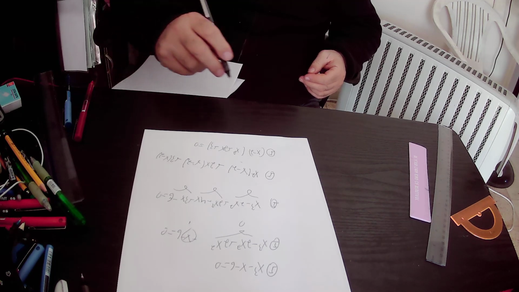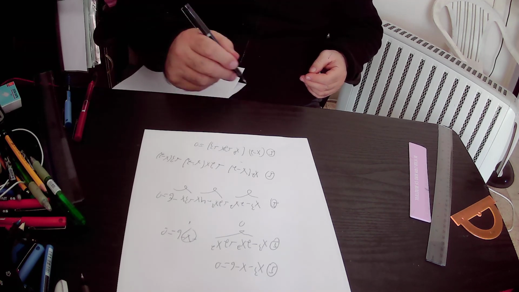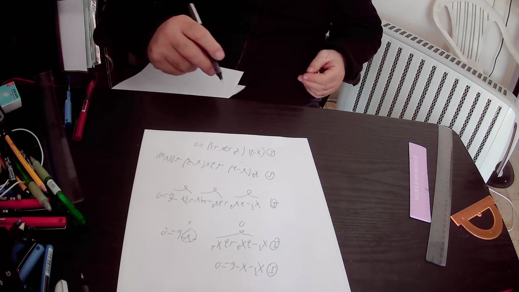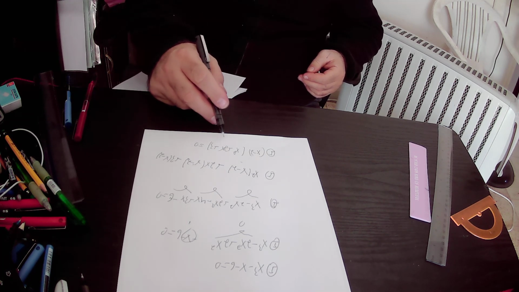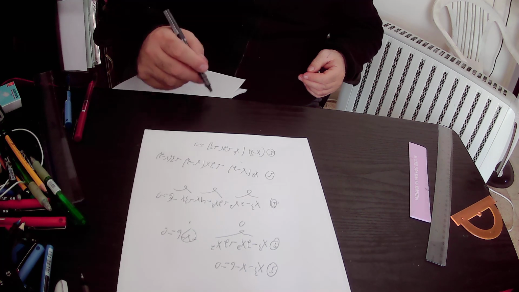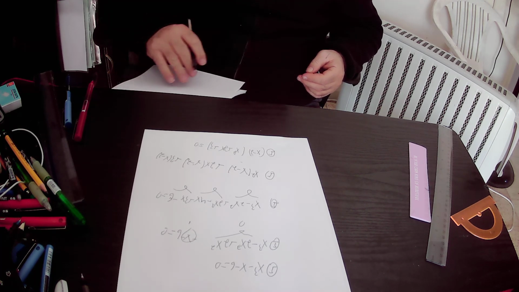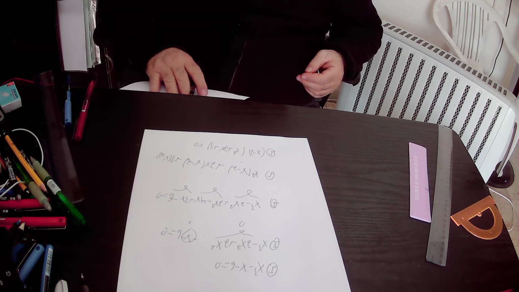So here either x minus 2 will be equal to 0, that is the first solution. The second solution is that this quadratic equation in the brackets will be equal to 0. That is to say x squared plus 2x plus 3 equals 0.